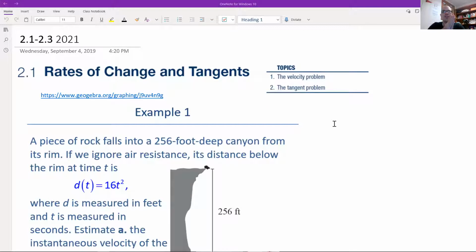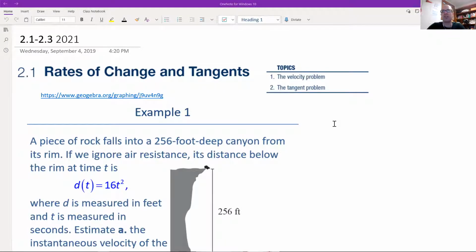But the velocity problem is framed as a problem because normally when we talk about velocity in everyday life, it's a little bit ambiguous whether we're talking about average velocity or instantaneous velocity. Average velocity would be you take a 65-mile trip and you complete that trip in 1 hour.